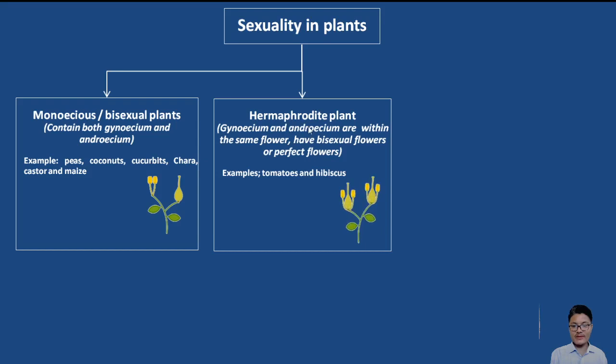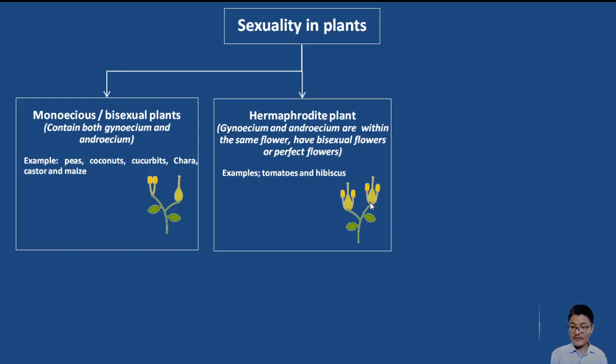We also have hermaphrodite plants, similar to monoecious or bisexual plants, but they have perfect flowers. They have bisexual flowers. Hermaphrodite plants have both gynoecium and androecium within the same flower. So their flower is also known as a perfect flower or bisexual flower, the flower that we have seen earlier.